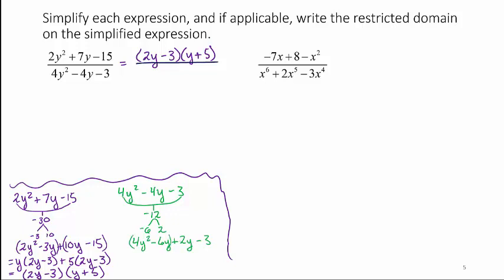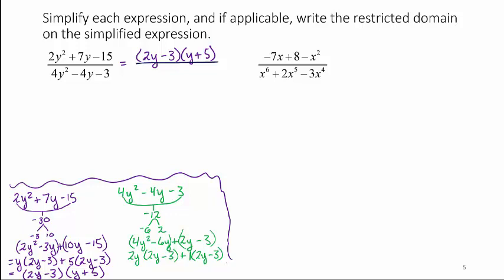And then I want to factor by grouping. In the first group, I can take out 2y, right? So I'm left with 2y minus 3 plus, and the second group I can't take anything out, right? So 2y minus 3 is still there. Now remember there's a little 1 out front there, right? 1 times 2y minus 3.